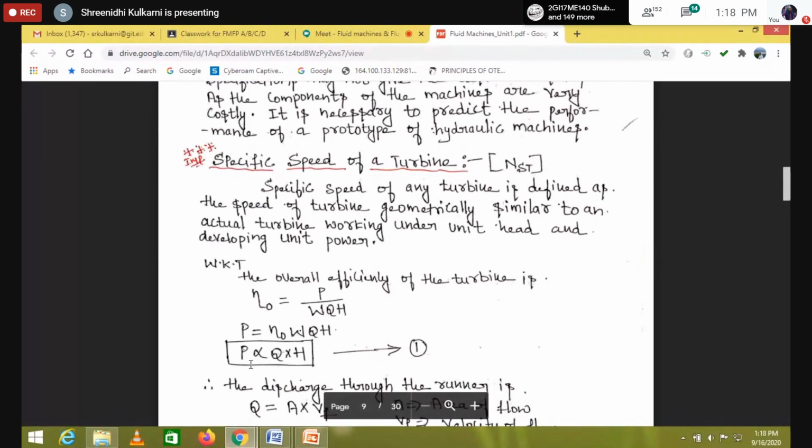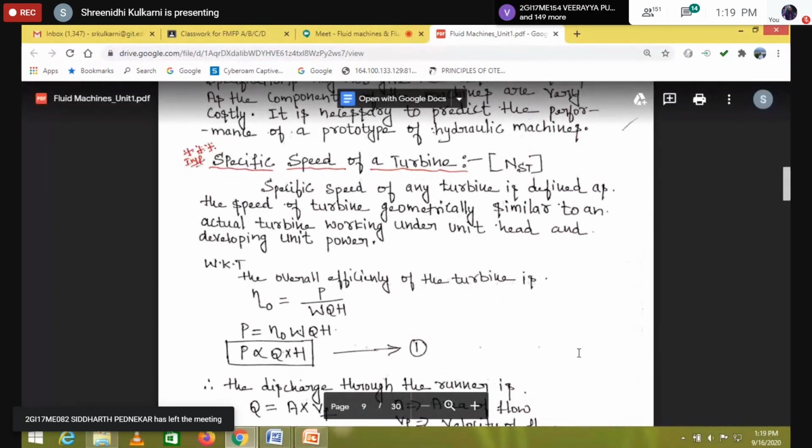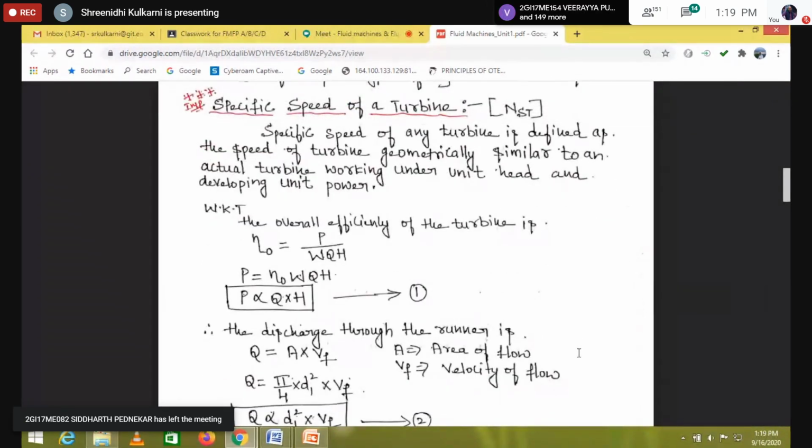P is directly proportional to Q and H, because the discharge is varying, and the net head available is nothing but the measure of the water level. So this is the head. I am going to call this equation 1.